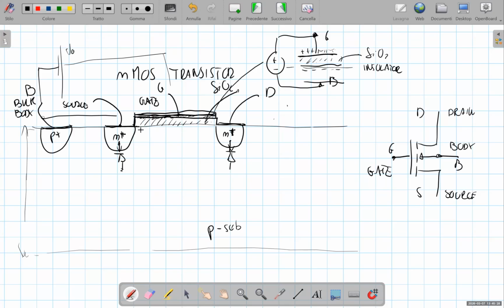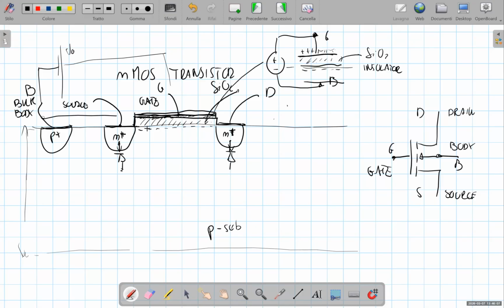This negative charge is made of electrons, while the holes, which are the carriers responsible for the conductivity of the substrate of the p-type doped silicon, cannot cross the N junction and give rise to conduction between the source and drain terminals in the original case.